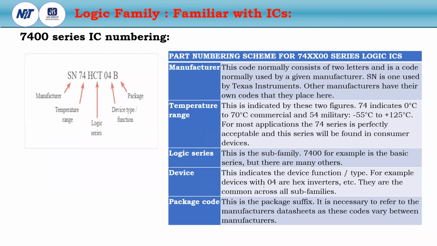We should know this to design a particular circuit, and to know the parameters of the digital ICs, we should know the nomenclature. The part numbering scheme for the 74XX series logic ICs, that is defined by first SN. SN is the manufacturer name.